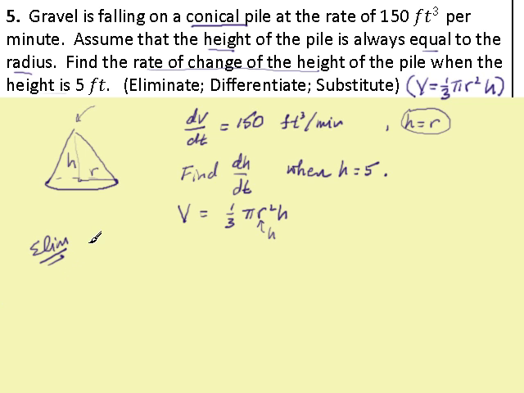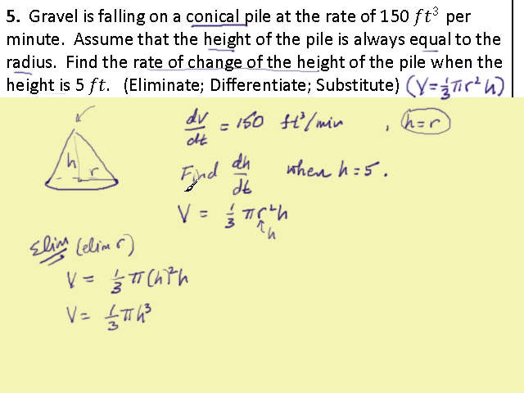So in the eliminate step, again, we're going to eliminate r. We write V is equal to 1/3 pi, and h is equal to r, so here we have h squared h. So V is equal to 1/3 pi h cubed.